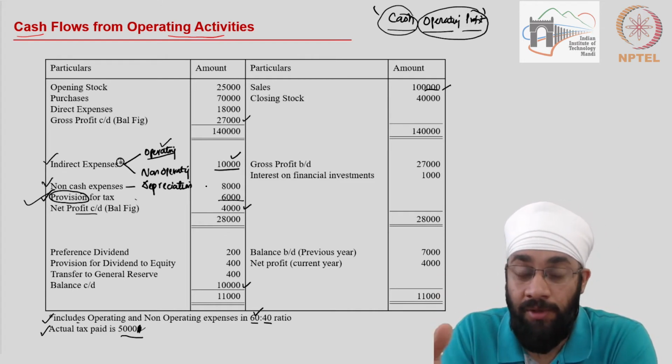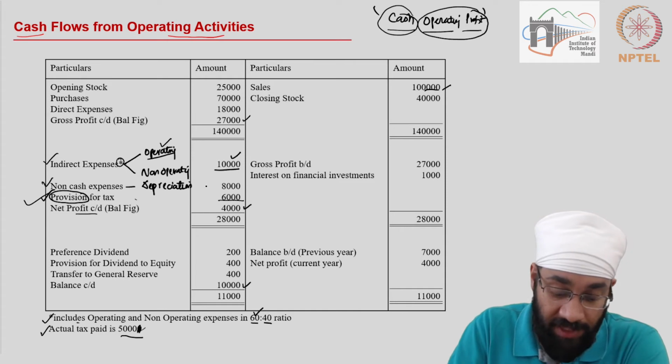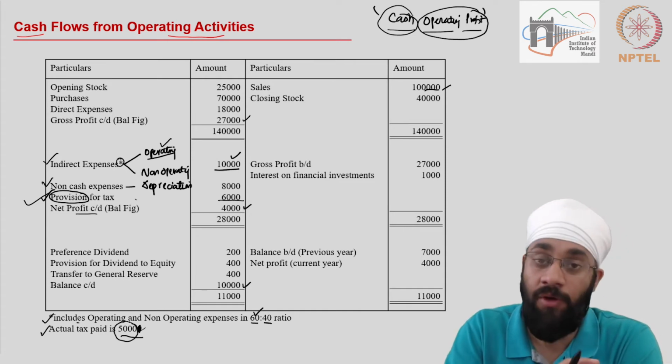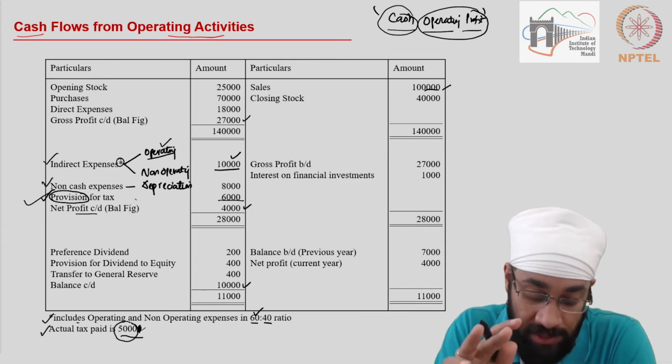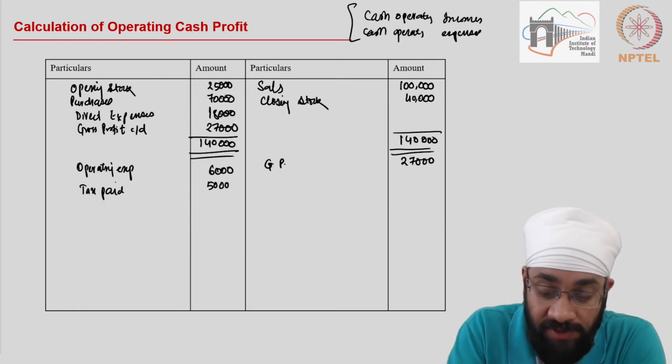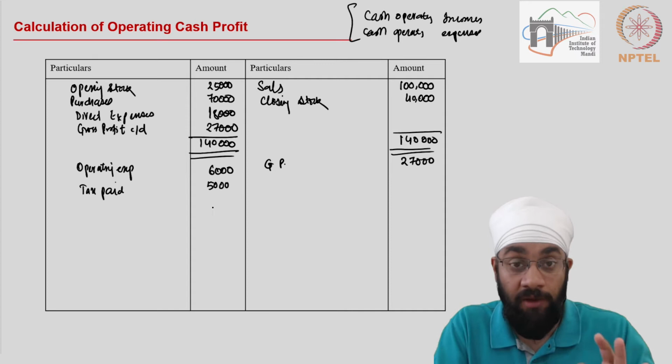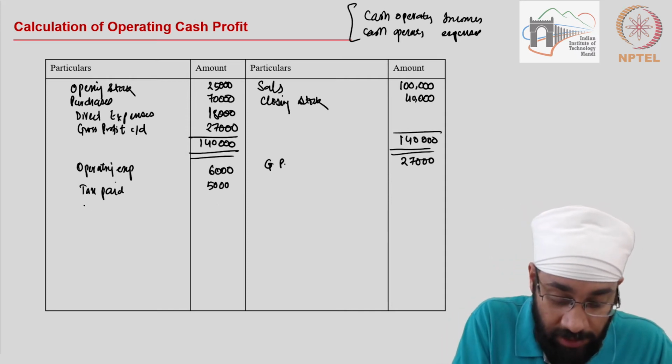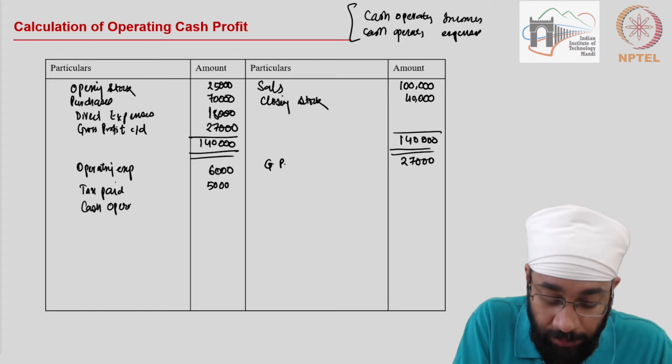There may be some back and forth there. After clarifications, it turns out that 5,000 has been paid as the tax. So we are interested in cash expenses, so we will actually use only 5,000, and this will give us our cash operating profit.